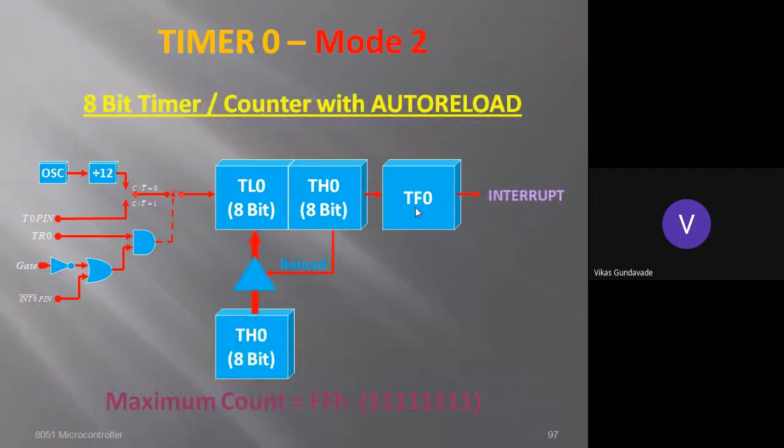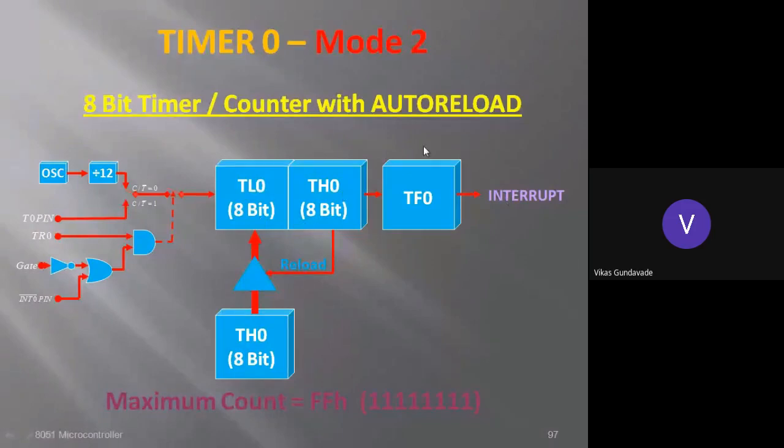Now for 8-bit auto reload mode, what will happen? Here the same count is available in TL0 and TH0. Then the maximum count which we can store into this TL0 will be FF. That will be the maximum count. So when it overflows, at that time it will set the TF0 bit and generate the interrupt.